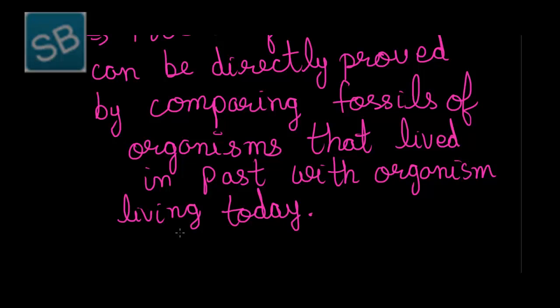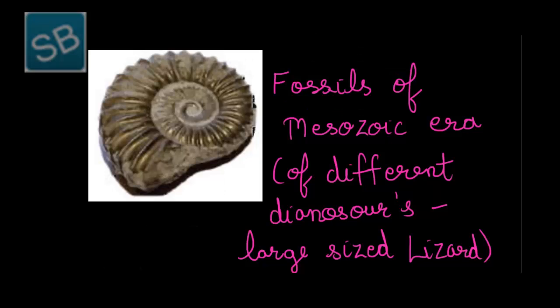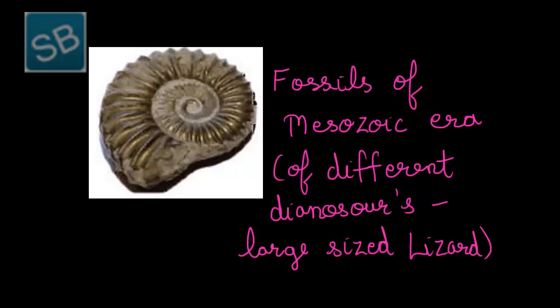Thus, fossils can also be described as the written documents of evolution, which form the base to recognize the evolution of life. This figure depicts an example of fossils of the Mesozoic era, which consist of dinosaurs of different sizes, which can be considered large-sized lizards of today's era.